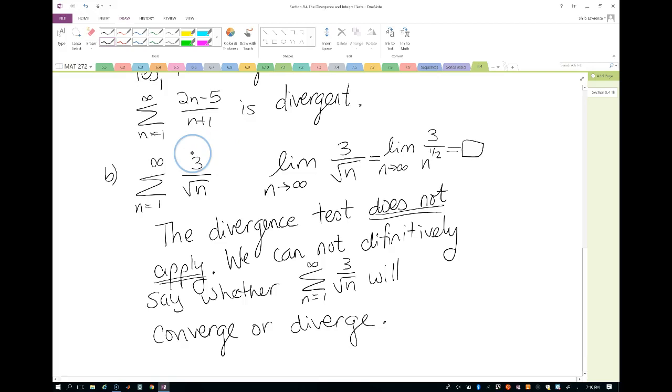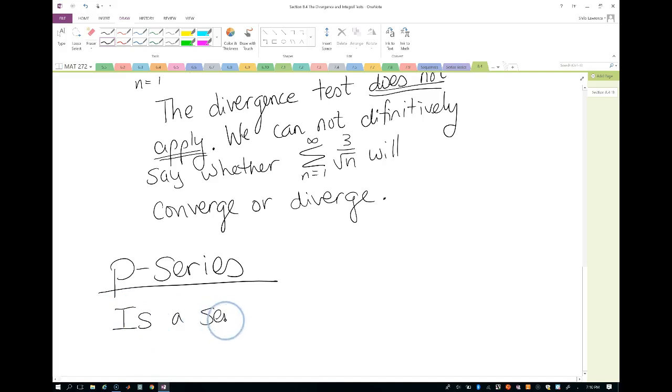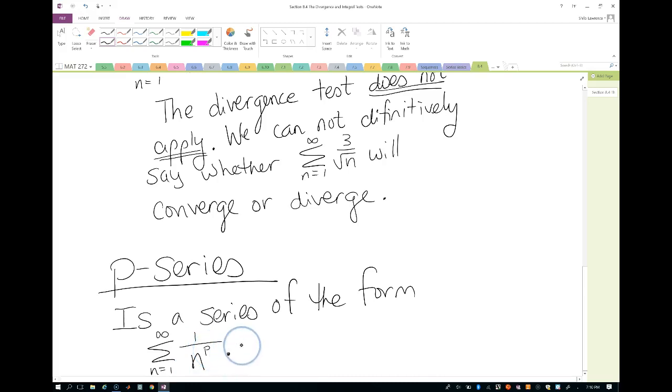So this series is actually called a p-series. And a p-series is a series of the form sum from 1 to infinity of 1 over n to the p. So remember, n is the index here.